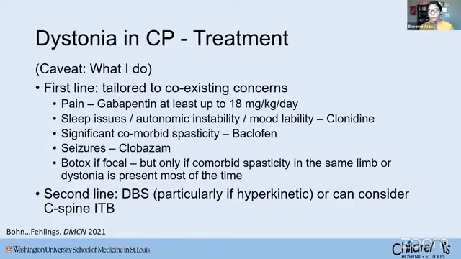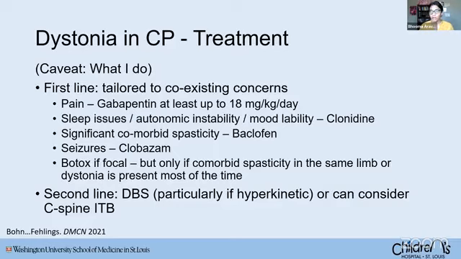If there's significant coexisting spasticity, which many of our kids have, I will do baclofen. When I talk about gabapentin and clonidine, these are for our kids who have spasticity in all four limbs. They're often already on baclofen by the time I'm starting gabapentin and clonidine. They're already on baclofen for their spasticity and have maxed out on that.